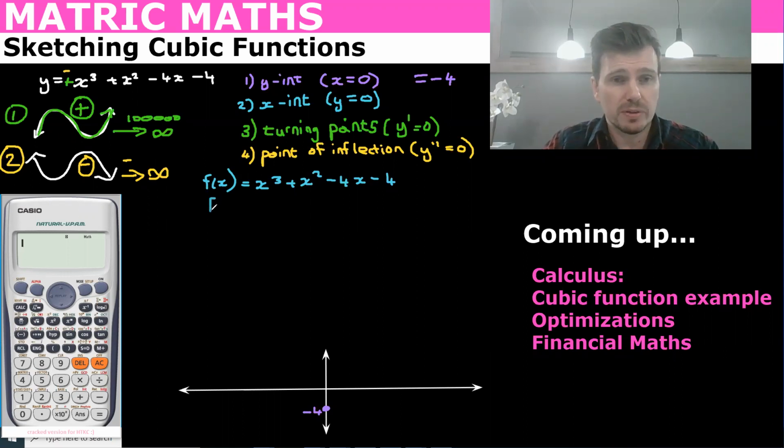So what you would normally do is you test 1 first to see if that gives you 0. You can test 1: 1 cubed plus 1 squared minus 4 times 1 minus 4. And we end up getting not a 0 at all. We get minus 6. So it doesn't work.